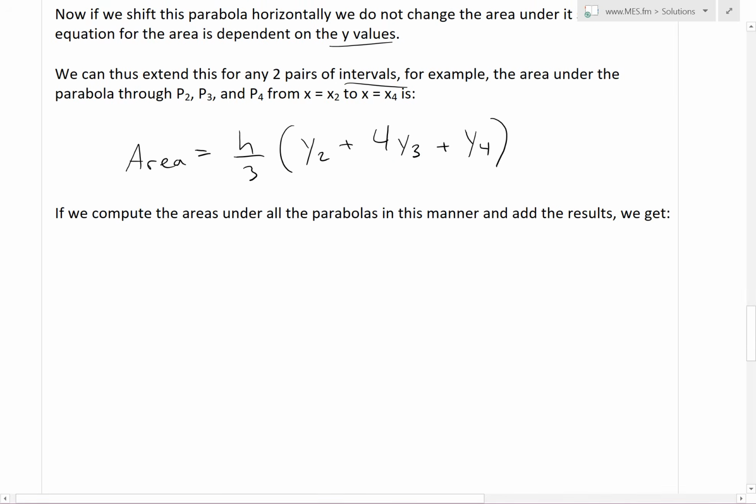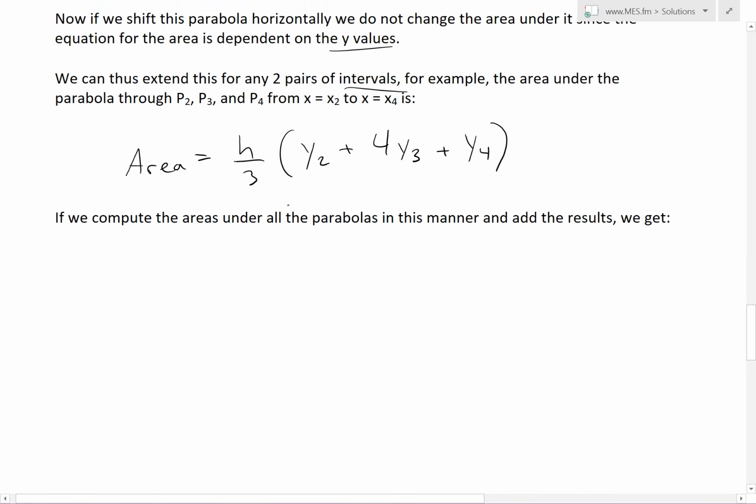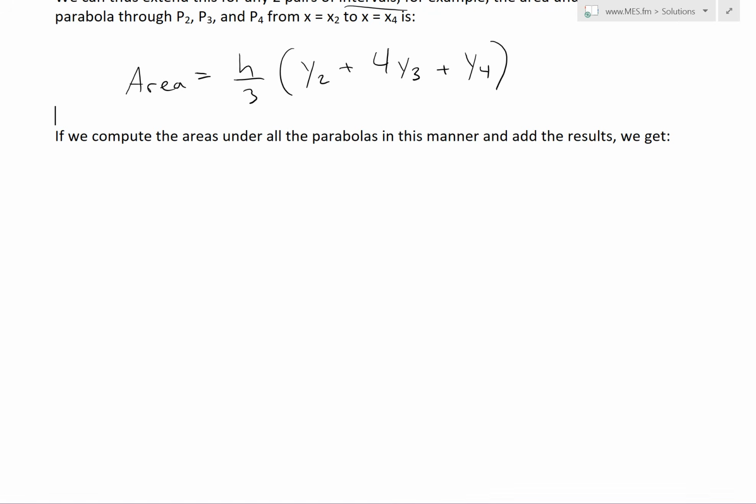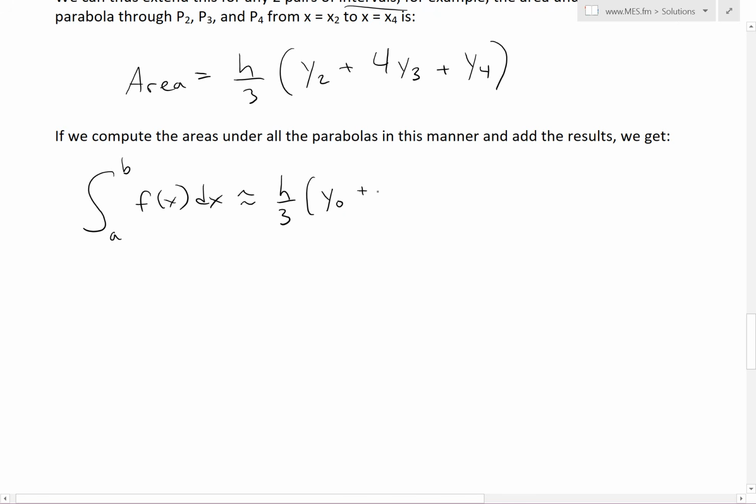And now if we extend the areas under all the parabolas in the same manner and add the results, what we get is the integral from a to b of f of x dx. It's going to be roughly equal to every single one of these areas added together. So h over 3 times y0 plus 4y1 plus y2, plus h over 3.